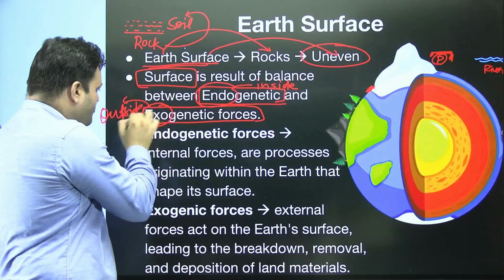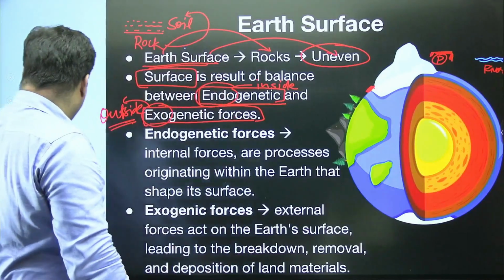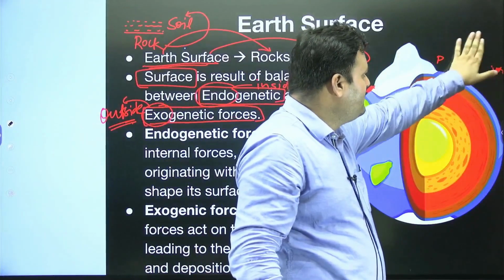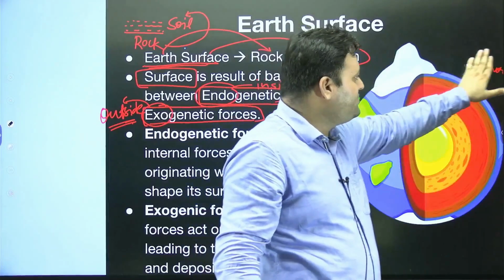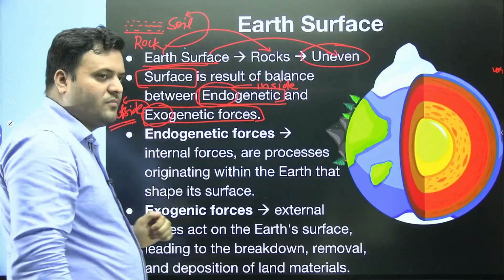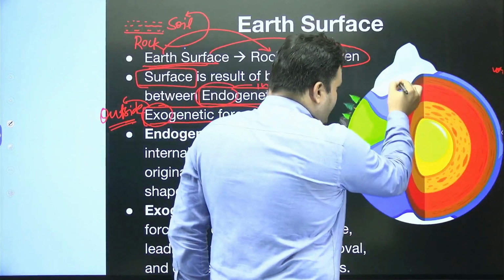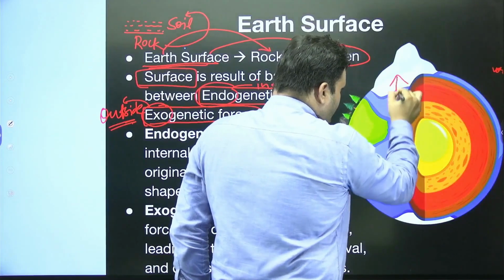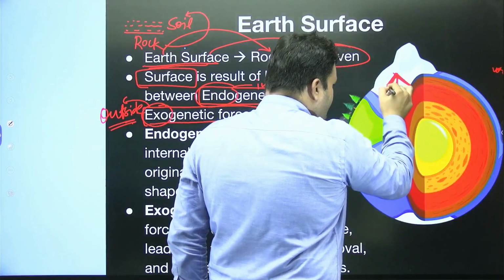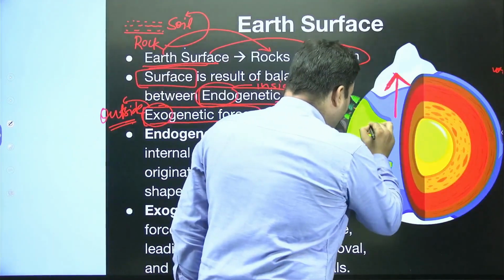There are some forces that are working beneath the surface, and there are some forces that are working on the surface, above the surface. So what we can say is that here we have some sort of surface, here we have some sort of forces which are interacting with this surface, and these forces are applying inside the earth. Means these are what? Endogenetic forces.